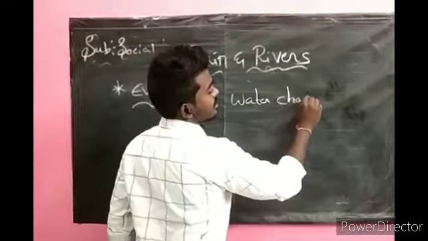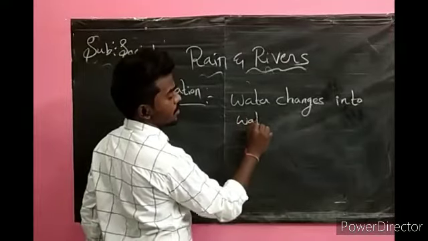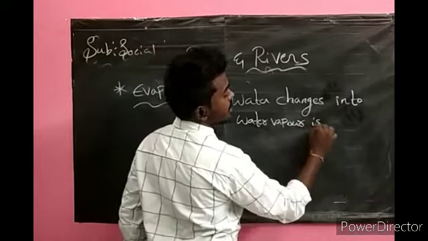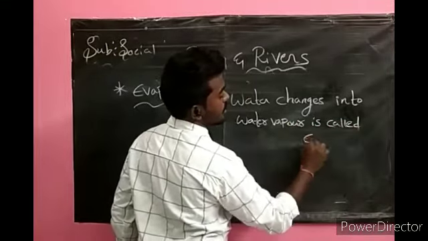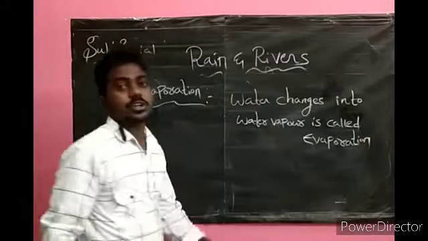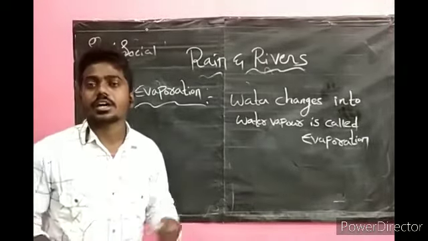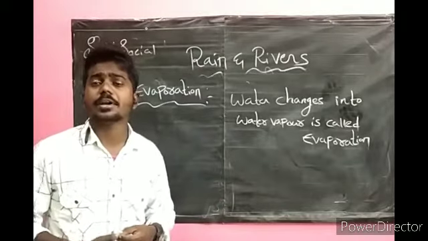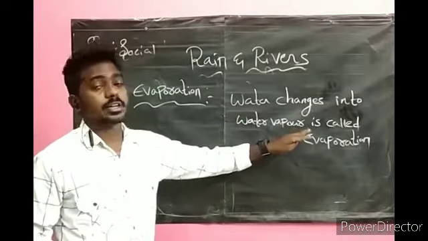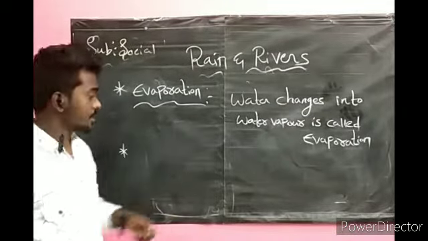Water changing into water vapor is called evaporation. Just now I told the story of Pranavi. She kept the dish of hot water on the fire. Then she immediately saw the changes. When the water is heated, it changes into water vapor and sticks to the lid of the dish. That is called evaporation. Come to the next.